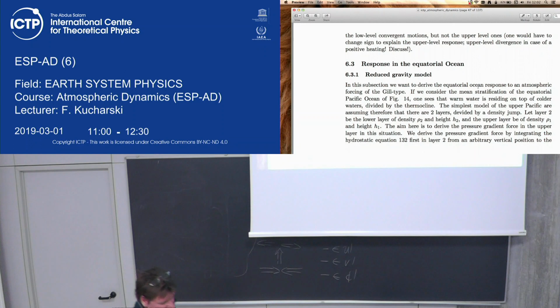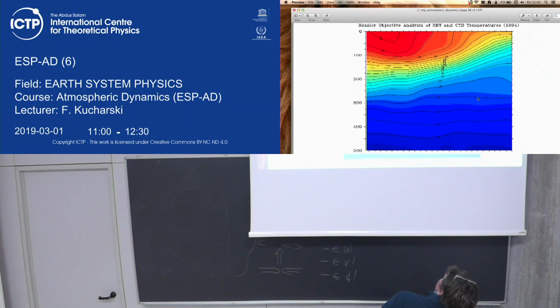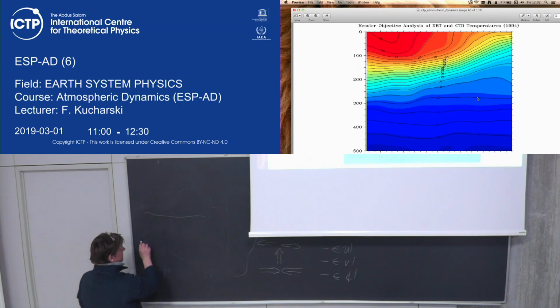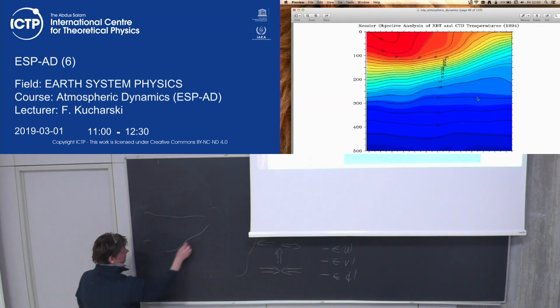If you look at the mean temperature distribution that we have looked at already, what physicists often do is, okay, this is too complicated, the structure. What we do is we assume it's warm here and cold there. You have some kind of surface, and then you have this line here that goes like this, and then we say it's warm here and cool there.